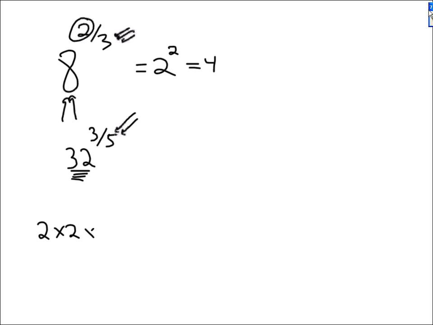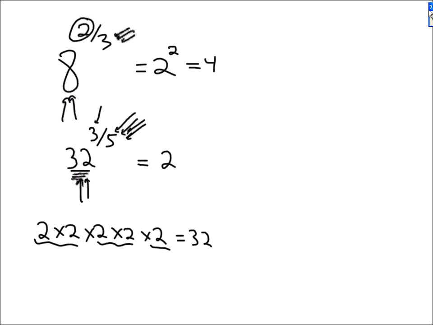What's 2 times itself 5 times? Well, this is 4 times another 4 is 16 times 2. Oh, it's 32. It is that number. So it's that answer. What times itself 5 times gives you 32? 2. Raise that to the 3rd power. That is, multiply that answer by itself 3 times. 4 times 2, get 8.